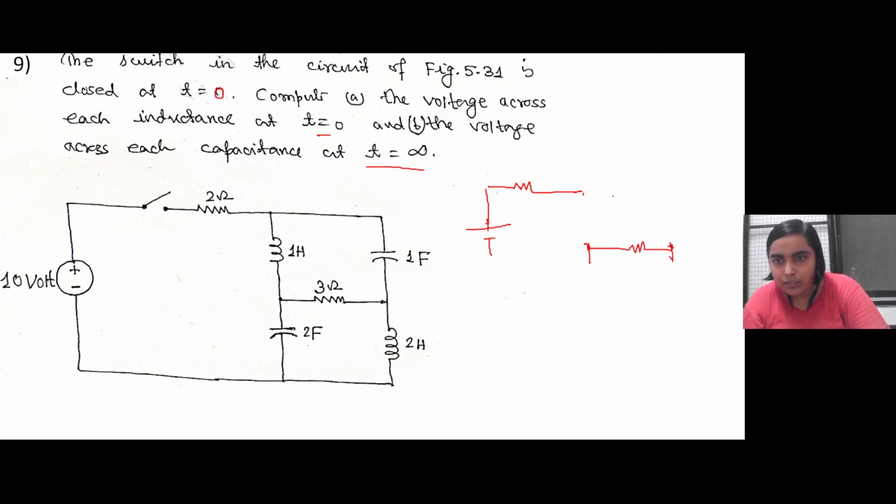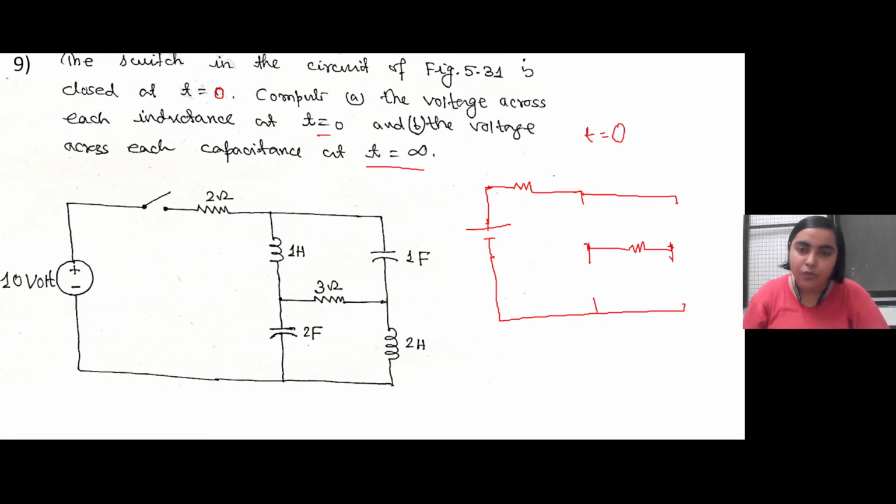These are the two branches. Okay, so at time t equal to 0, let us take case A. At t equal to 0, when it has just been switched, how will the capacitor and the inductor behave?